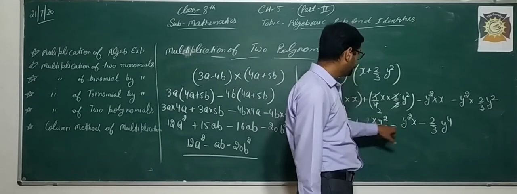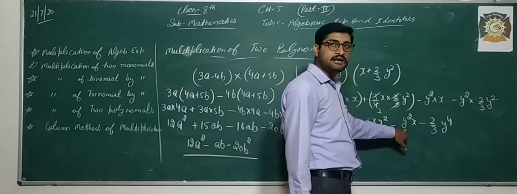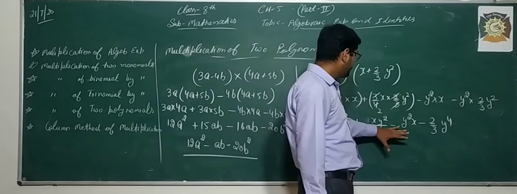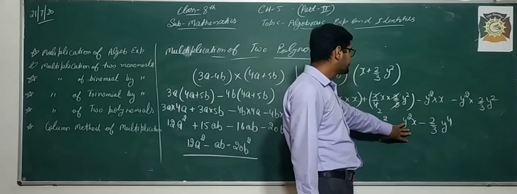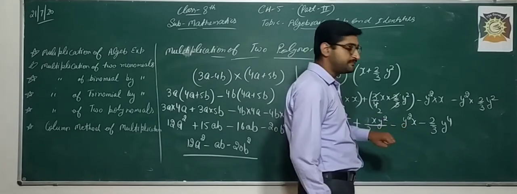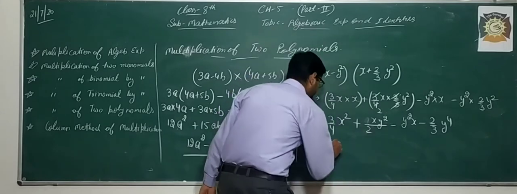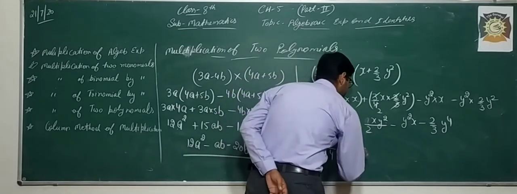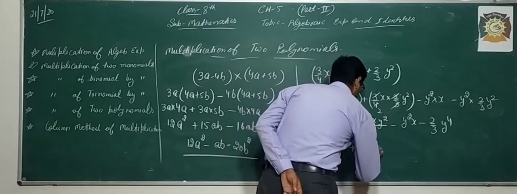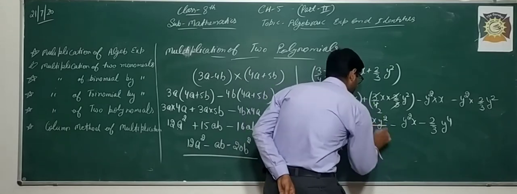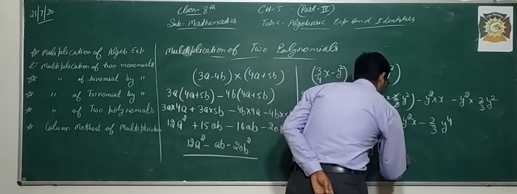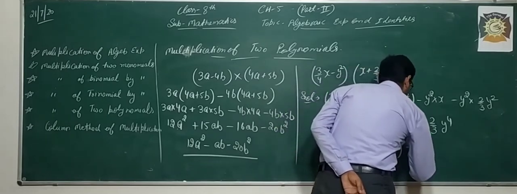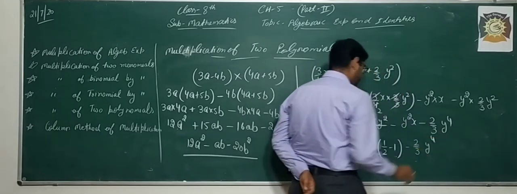These two are the like terms, so we can simplify this by addition or subtraction. How do we simplify this? 3 by 4 x square plus xy square, and this will be 1 by 2 minus 1, and minus 2 by 3 y power 4.